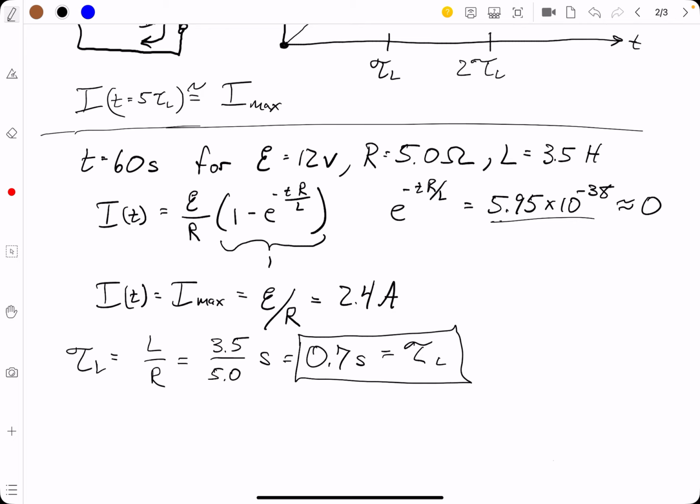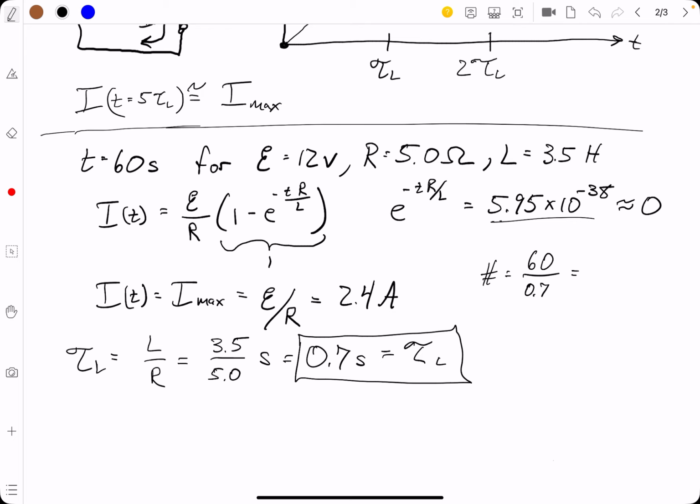Okay, so it doesn't take long. 0.7, 60 seconds. How many taus did we see? So we can take 60 and divide it by our 0.7, and that'll tell us the number of taus. That's a good question.